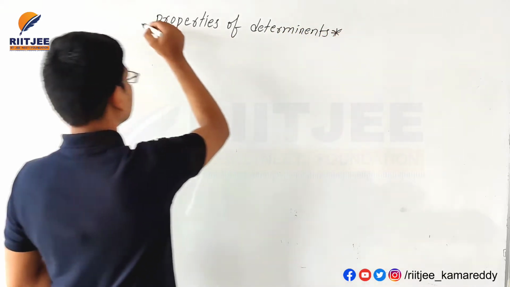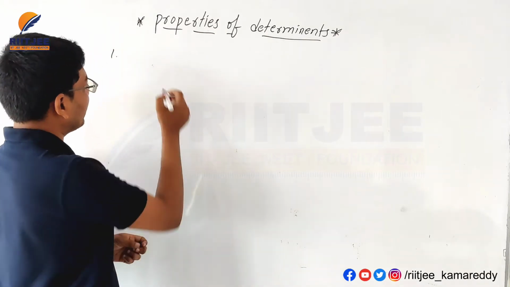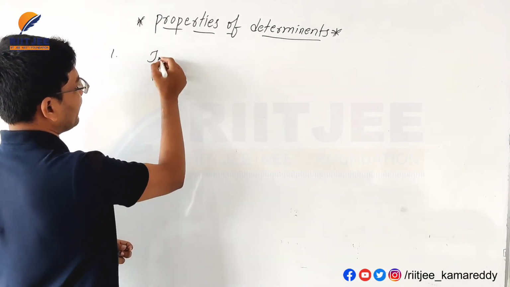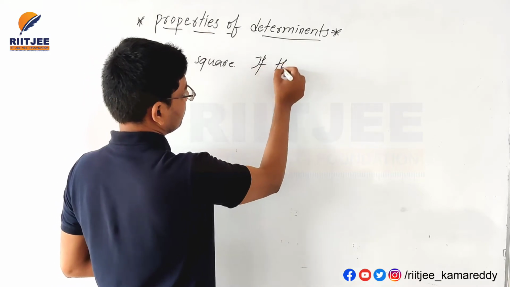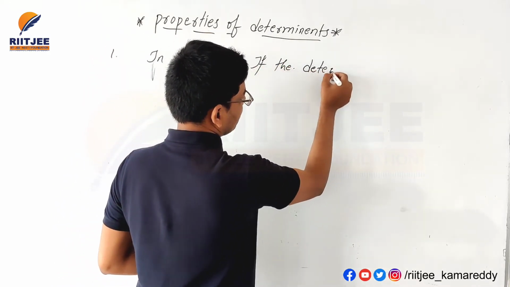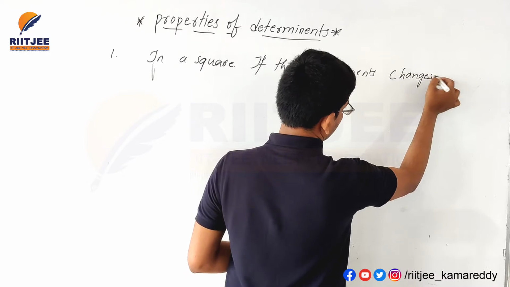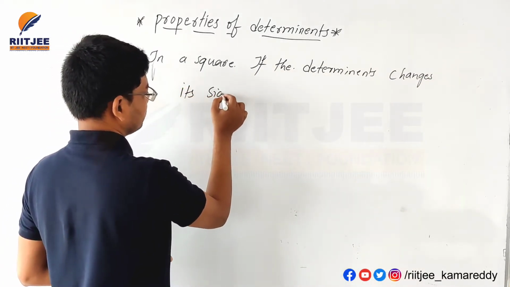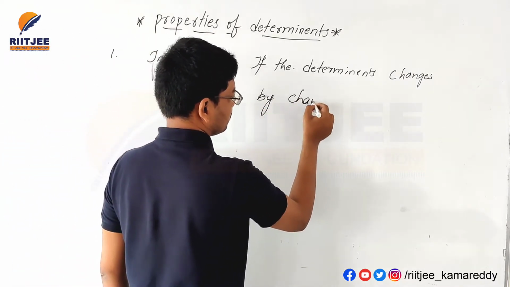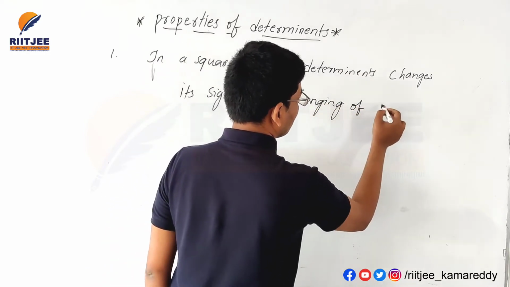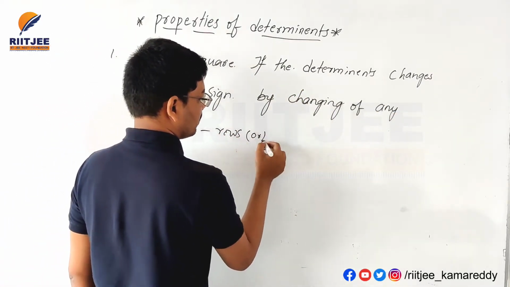Properties of determinants. In that first one, in a square matrix, the determinant changes its sign by changing any two rows or two columns.